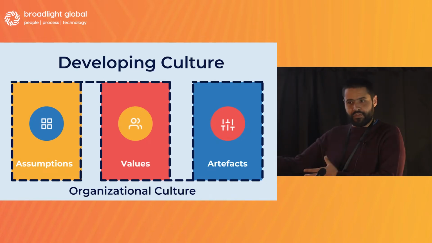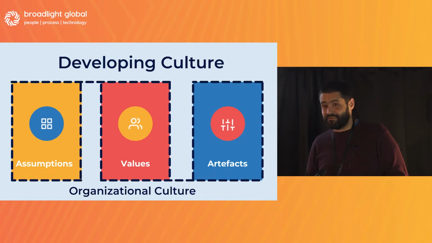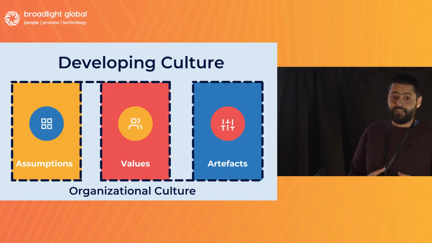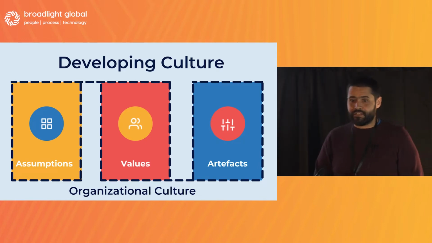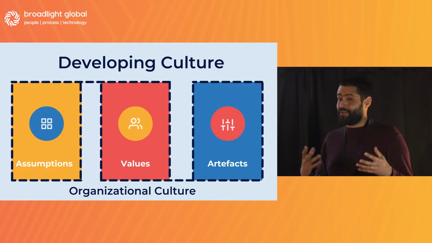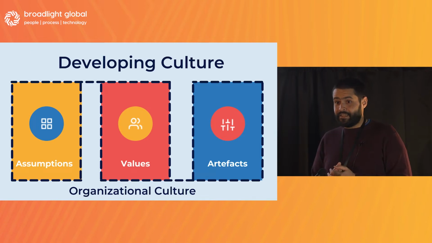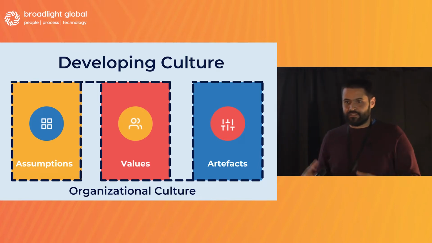There are other theories that were developed in the meantime, but Dr. Schein's approach, in my opinion at least, is the more approachable, the more practical, right? I can actually do something with this, because a big part of the problem in many organizations is that when you start talking about culture, it very quickly becomes esoteric and complicated to understand what people are actually trying to get out of it. So I think this model is good because it gives us a way through.